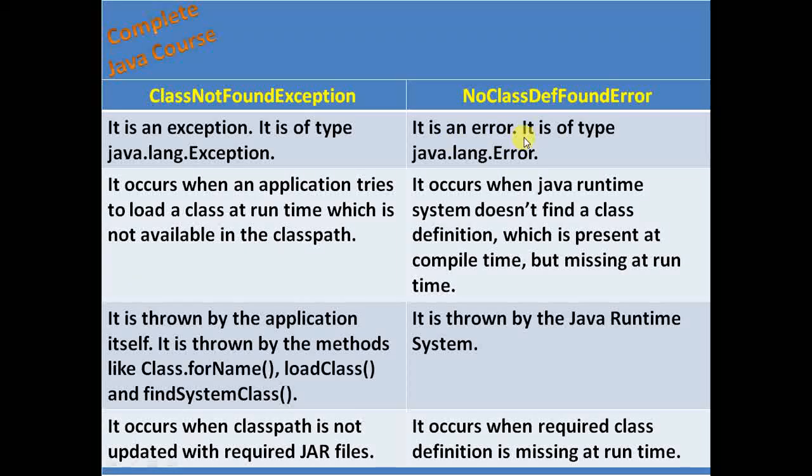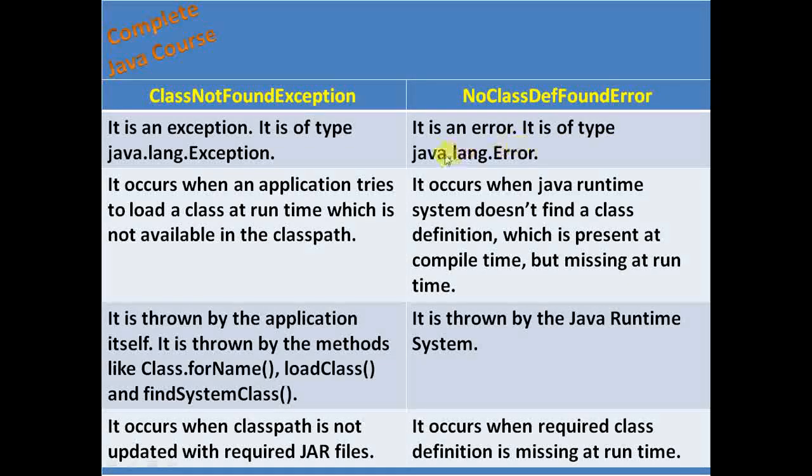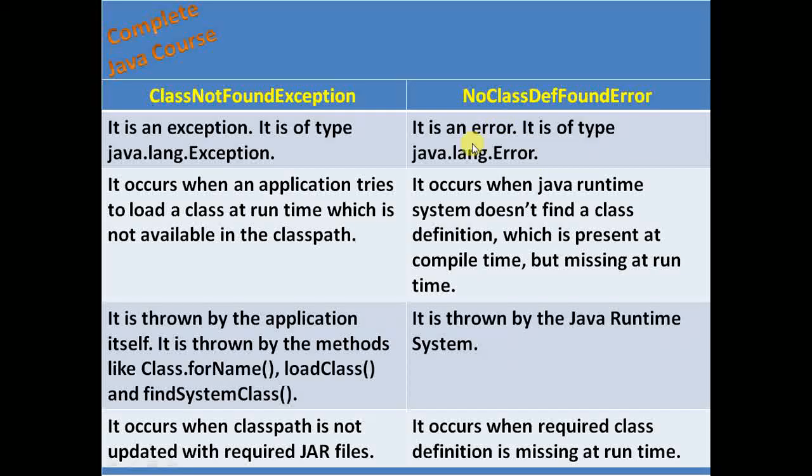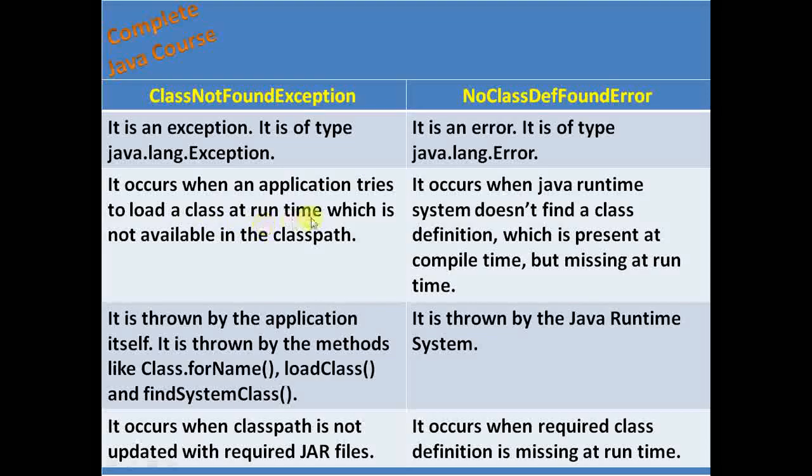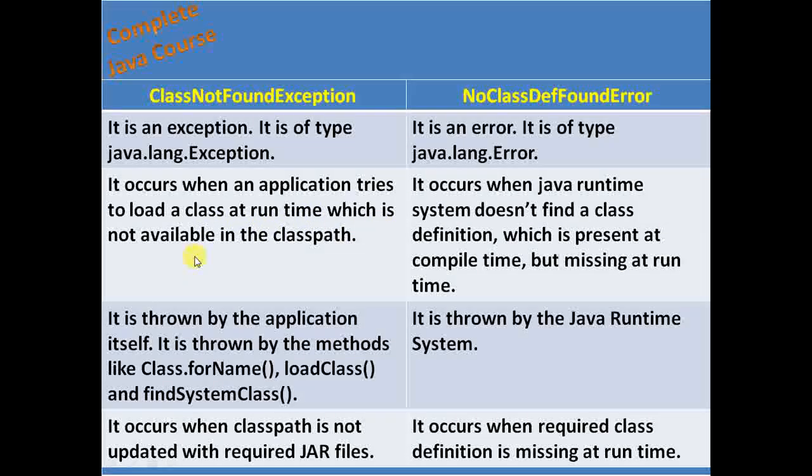NoClassDefFoundError is an error. Its type is java.lang.Error. It is an error type, while the other is an exception type. Number 2, ClassNotFoundException occurs when an application tries to load a class at runtime which is not available in the classpath. NoClassDefFoundError.